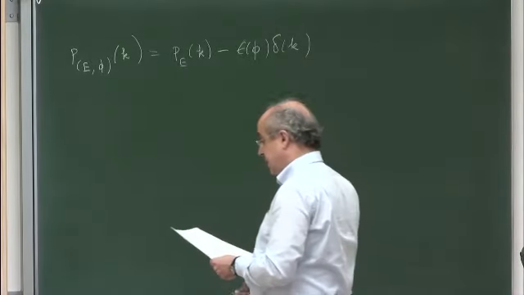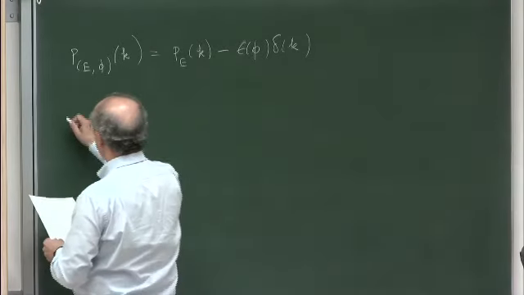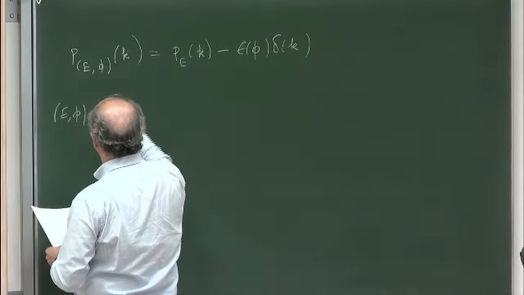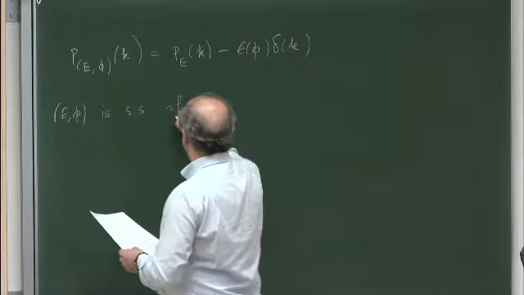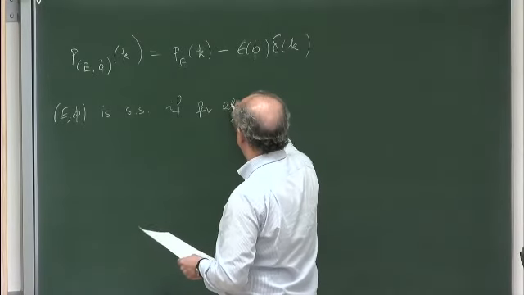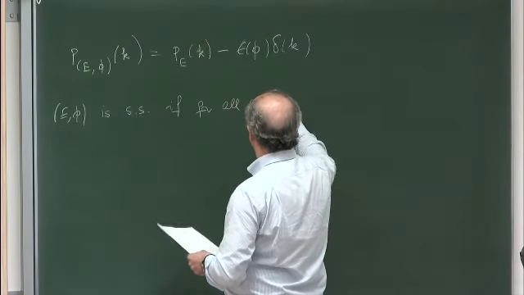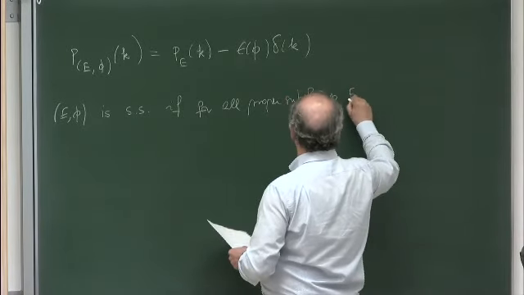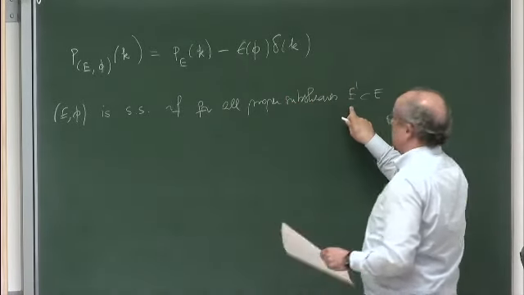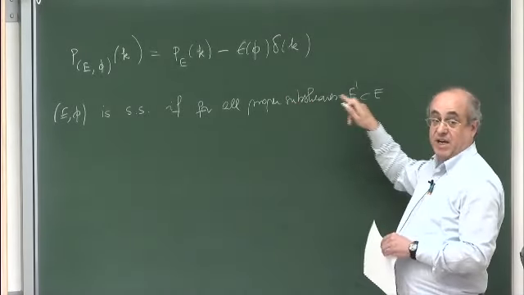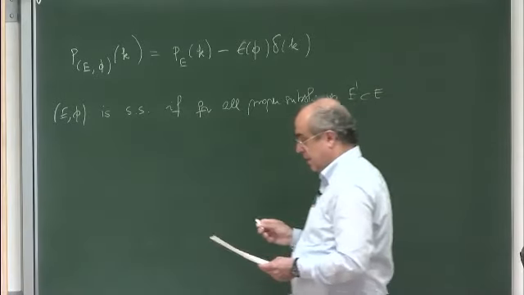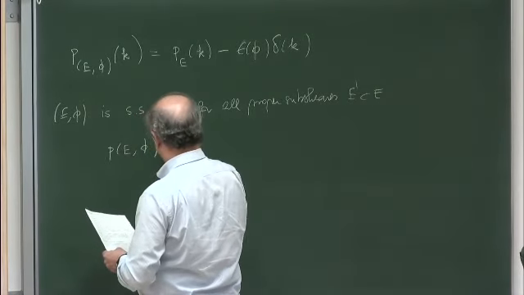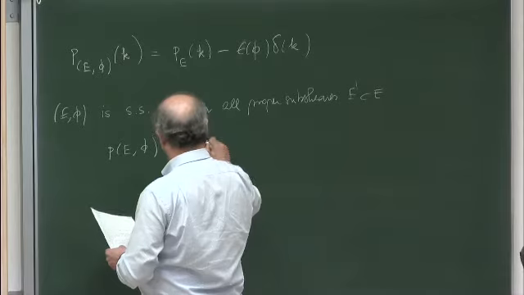And then the idea is that a pair is semi-stable if for all proper subsheaves, any subsheaf will inherit framing from E, and then you require this to be true.